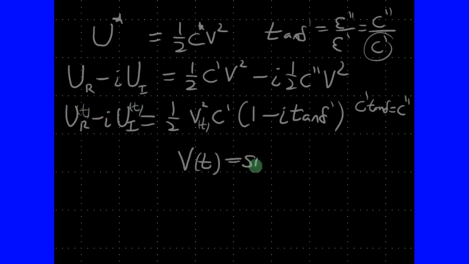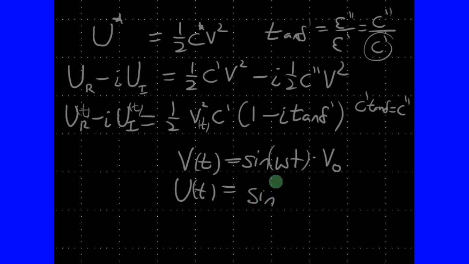The voltage equals sine omega t, multiplied by some amplitude, and therefore the energy stored would equal sine squared omega t, and we're going to claim it also has some phase to it, or perhaps you can call it delta, multiplied by 1/2 CV squared. Okay, because that's the relationship.